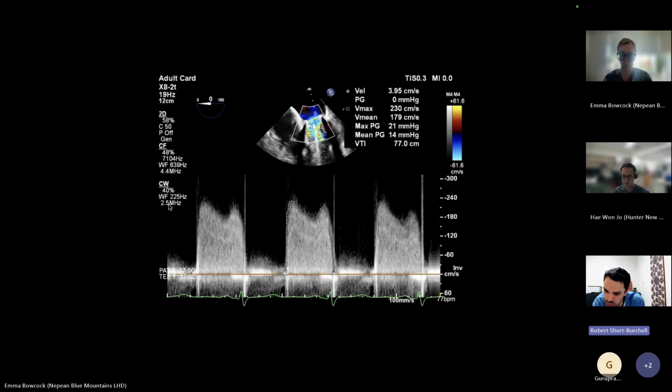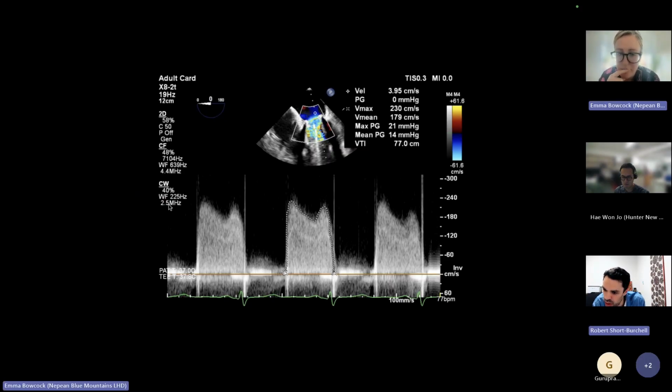And so this would be consistent with a stenosed mitral valve secondary to a fusion of one of those leaflets, which could be secondary to inadequate anticoagulation or pannus formation.